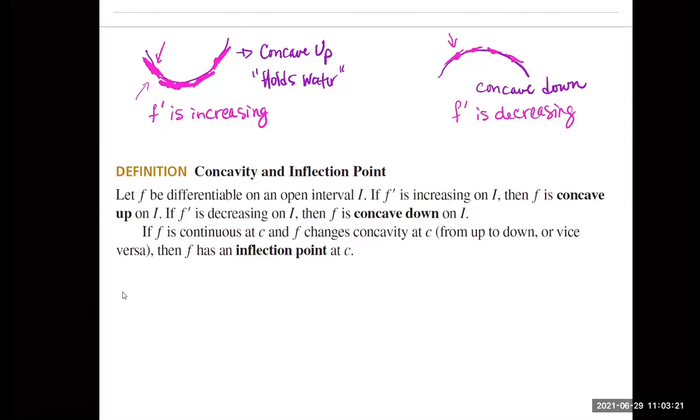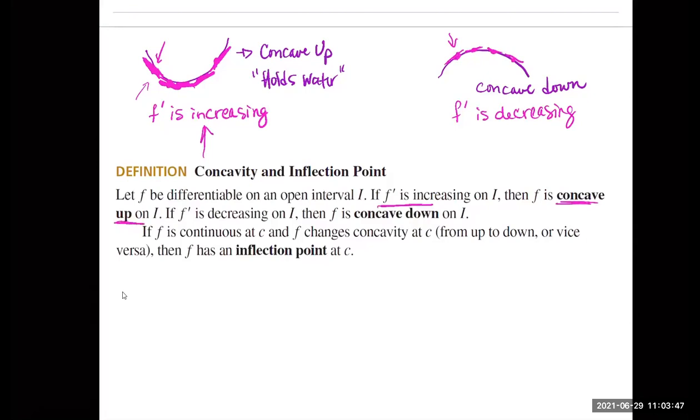So if I want to find out where the first derivative is increasing or decreasing, I would have to take the derivative of that function. And we know that when we take the derivative of the first derivative, we get the second derivative. So whenever the first derivative is increasing, like I'm showing you here, notice that our function is concave up.